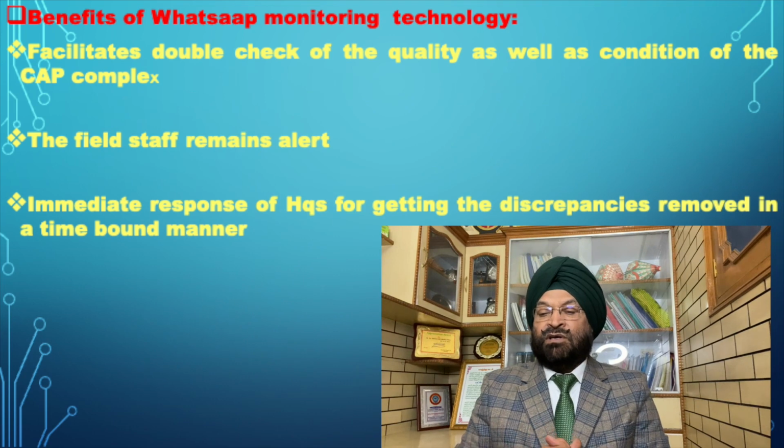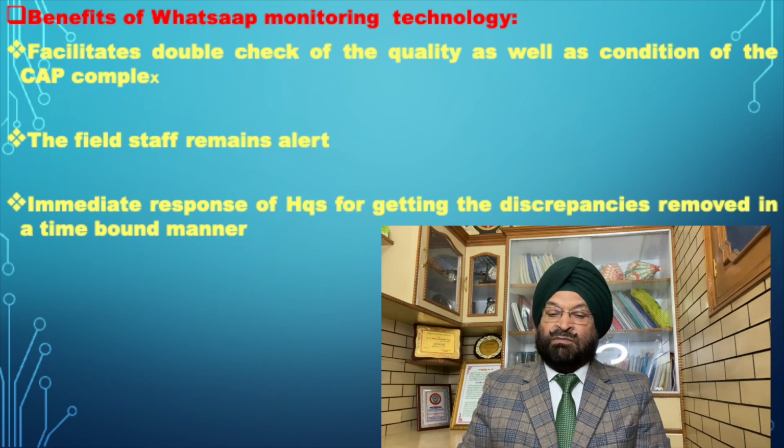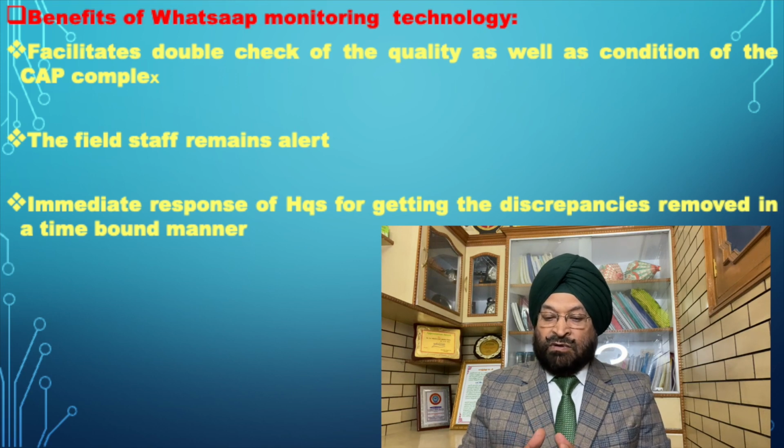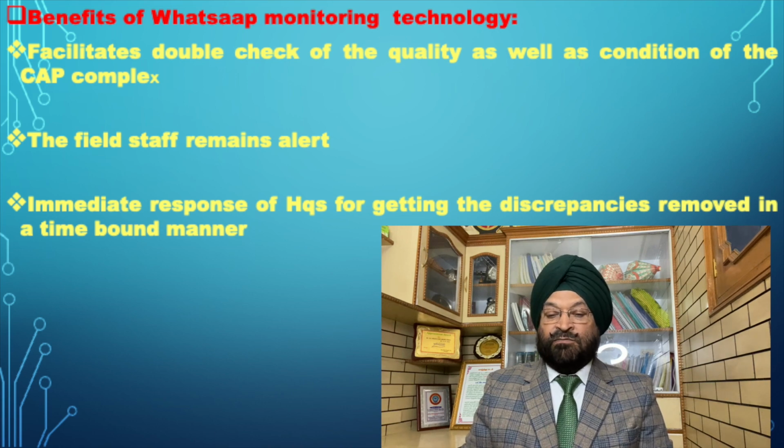It facilitates a double check of the quality as well as the condition of the CAP complex. The field staff remain alert. There is immediate response from the headquarters for getting the deficiencies removed in a time-bound manner.